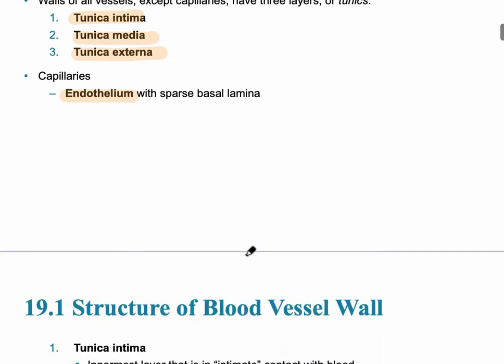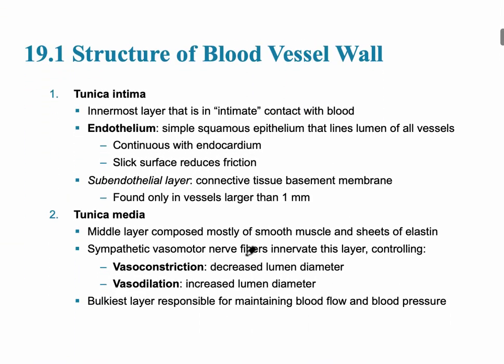So let's look a little more closely at the tunica intima and the tunica media. The intima has endothelium, which is simple squamous epithelium, and it has intimate contact with the blood, so it's directly touching the blood.